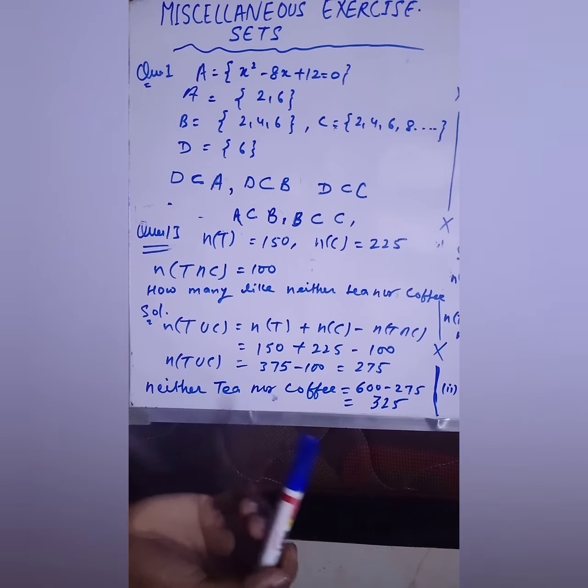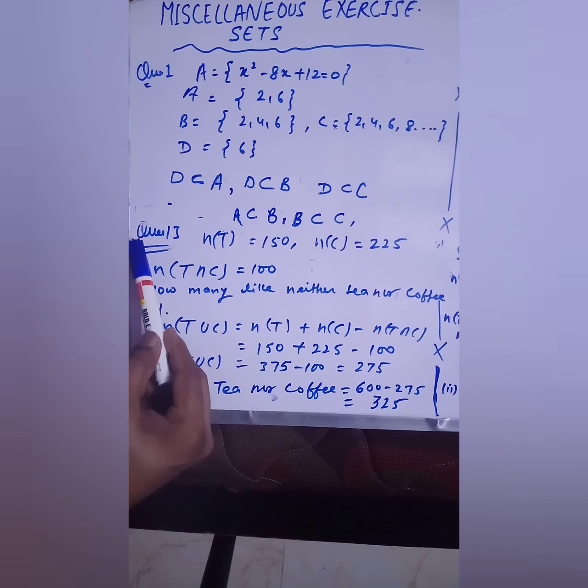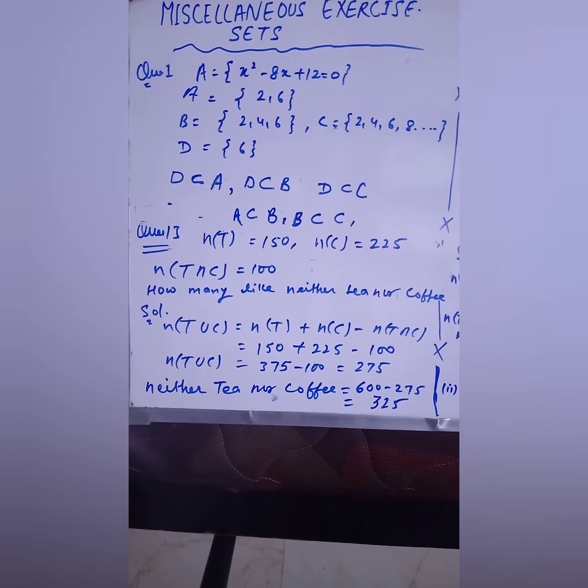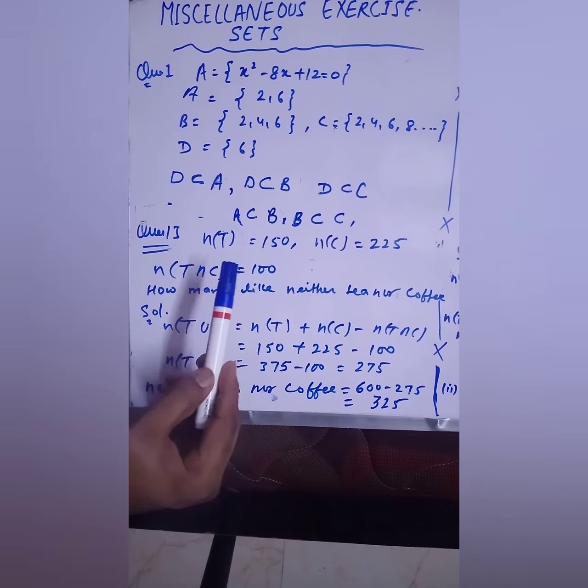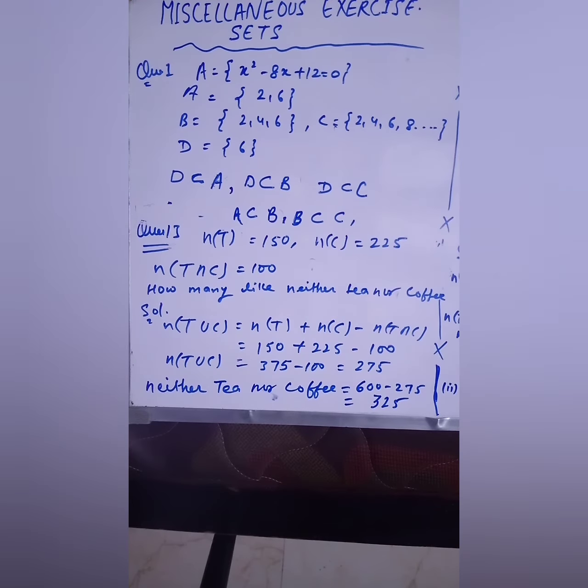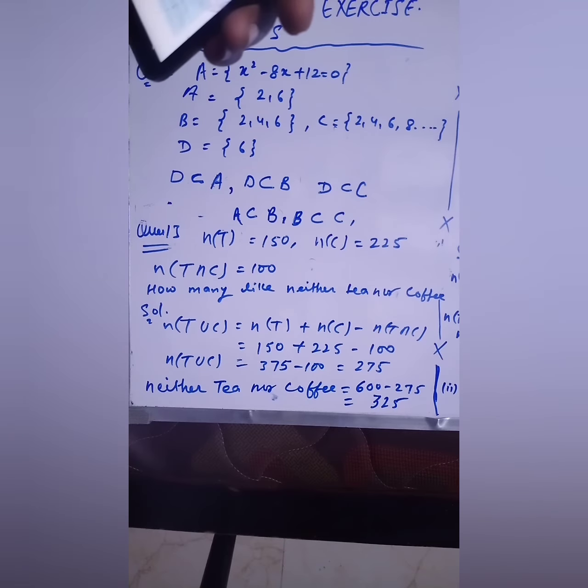Now here question number 13 is given to us. I'm reading question number 13. In a survey of 600 students in a school, the total number of surveyed students is 600. 150 students were found to be taking tea.